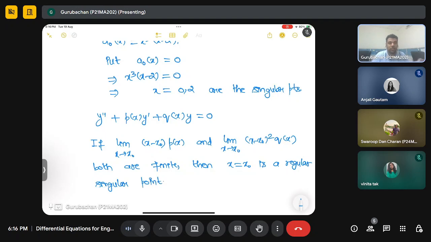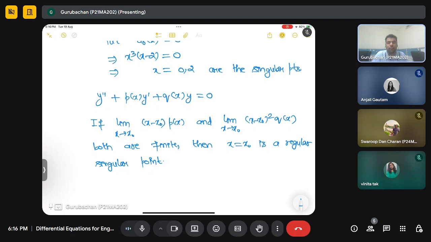Here x naught is a singular point, I am assuming. If both limiting values are finite, then the given singular point is a regular singular point. Otherwise, it is irregular singular. Otherwise means if any one of them, or both of them, are infinite, then we say the given point is an irregular singular point.